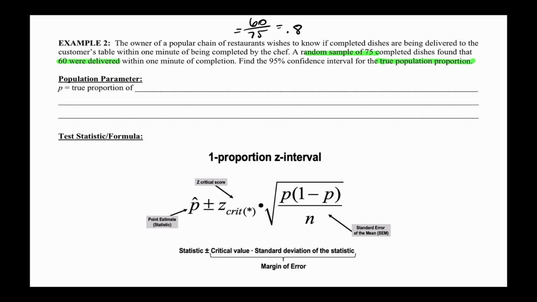What symbol goes with that? It's either going to be p hat or x bar. And since this one is proportions, it's going to be p hat, the sample proportion.